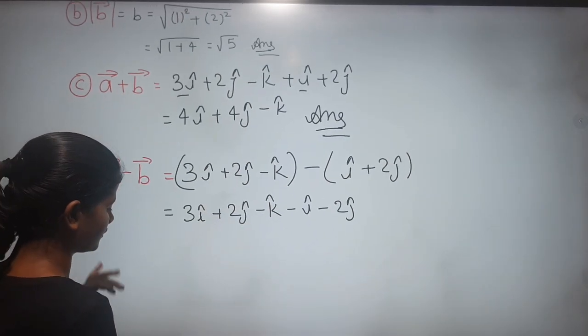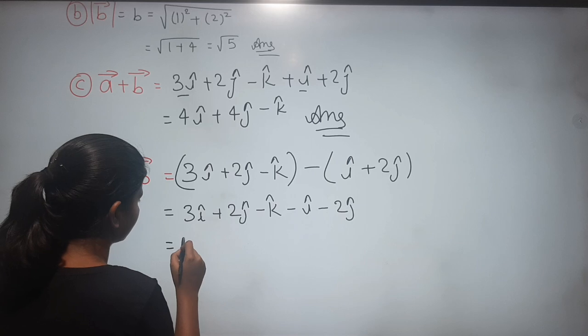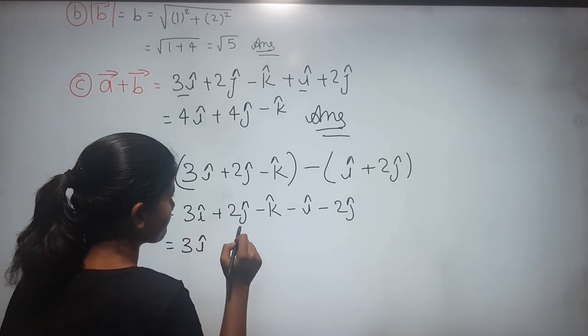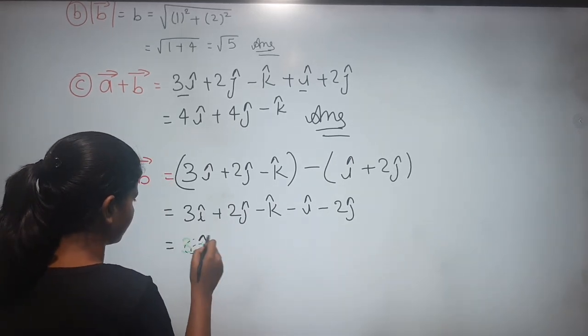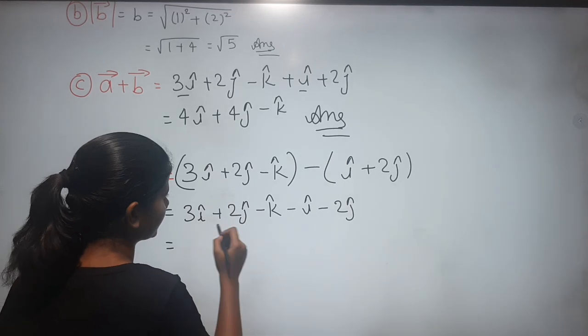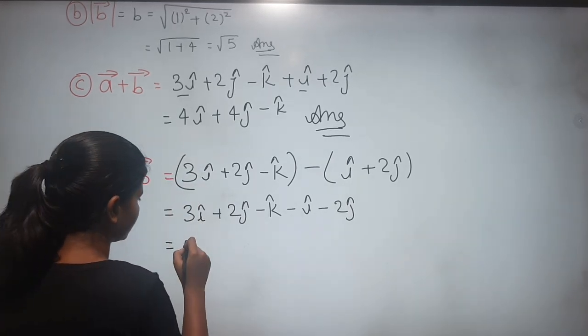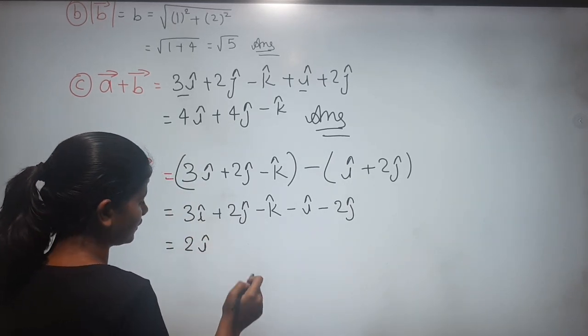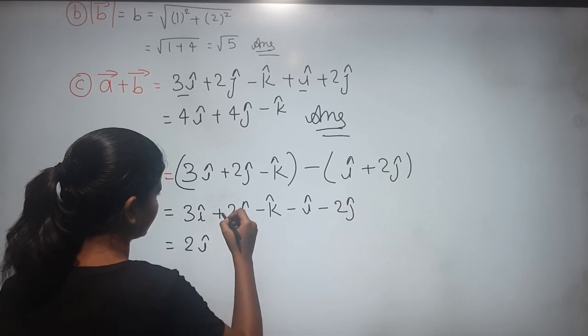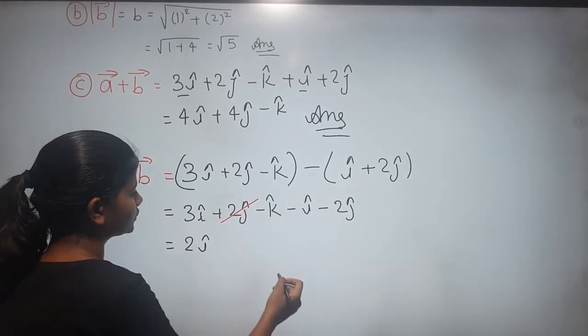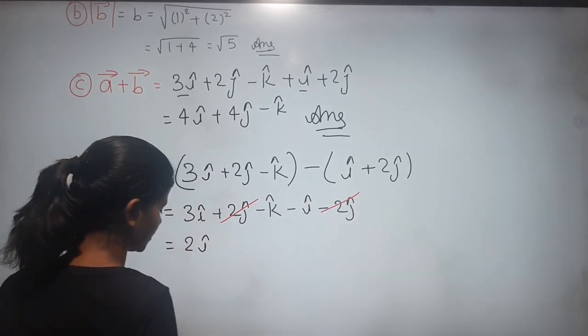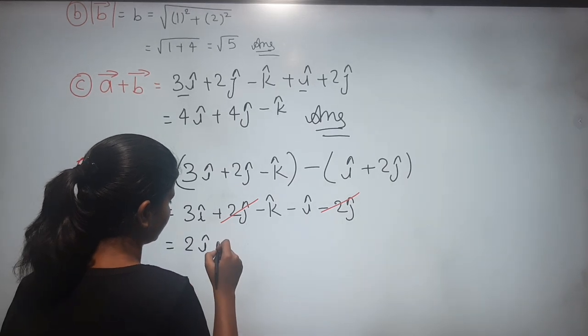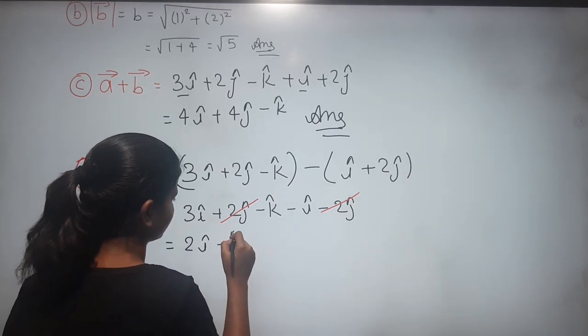Now we have 3 i cap minus i cap is our 2 i cap. And here plus 2 j cap minus 2 j cap cancel. So here minus k cap.